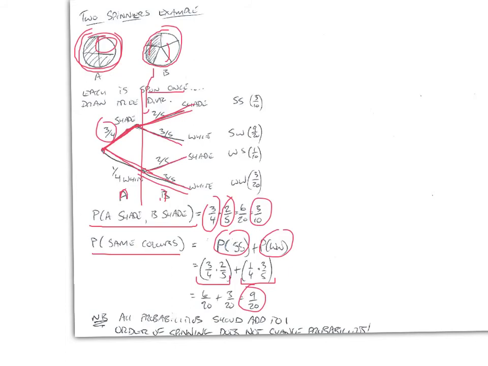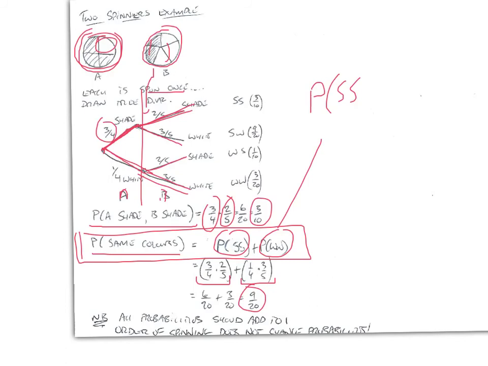And just be aware that this probability of getting the same colours is the probability of shade, shade, or white, white. And from our old rule of addition, the addition or OR rule, that's the same as the probability of shade, shade plus the probability of a white and a white.